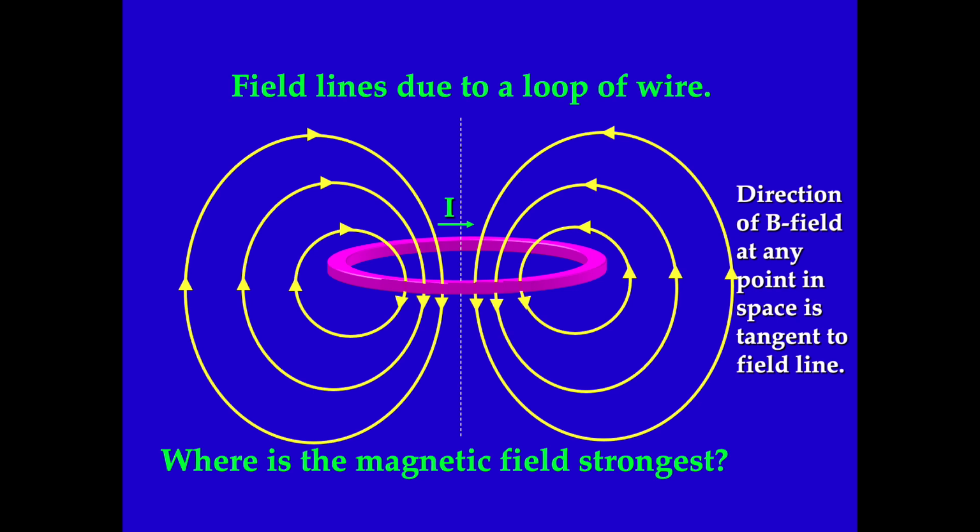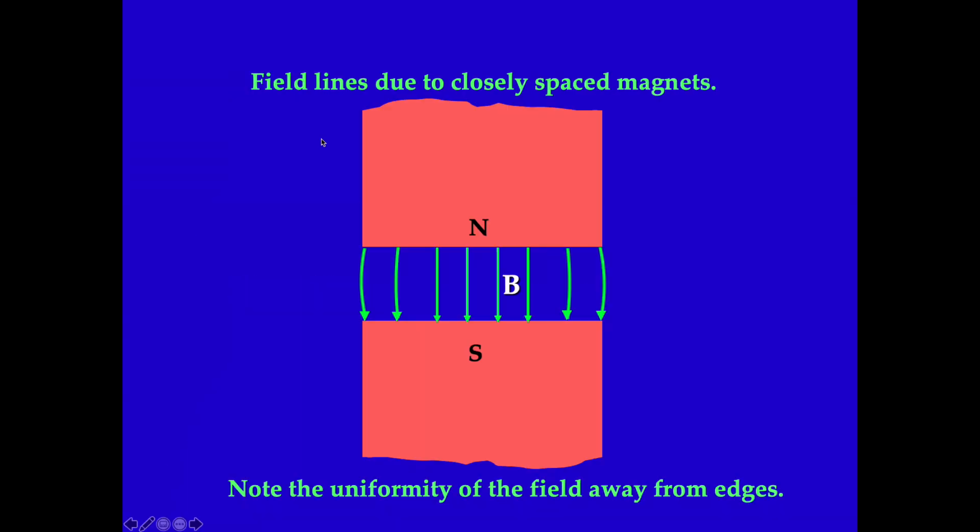Where is the magnetic field strongest? Is it in the middle? In the middle, because the field lines are bunched, right? Yeah. So that idea still holds true, that the density of field lines is indicative of the strength of the field. Here are the field lines due to two closely spaced magnets. And if you notice in the middle, the field lines are pretty uniform.